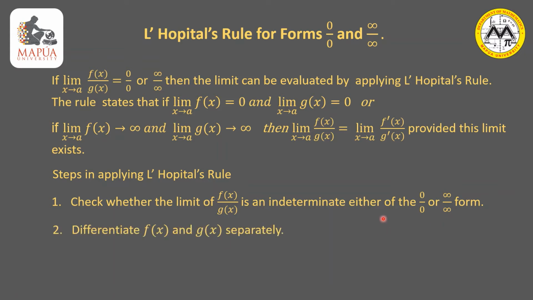Having verified that, we differentiate f of x and g of x separately. And we now evaluate the limit of f prime of x divided by g prime of x as x approaches a. And if there is a limit to this ratio, then that is the limit of the original expression.